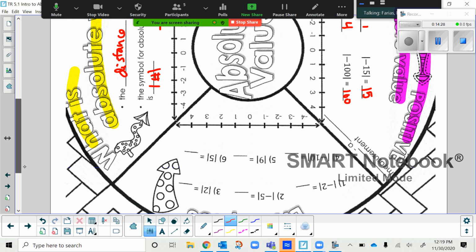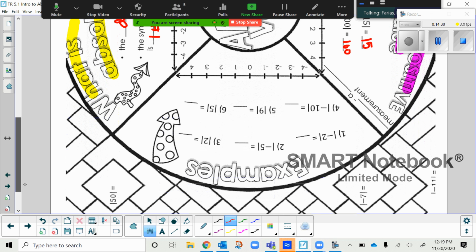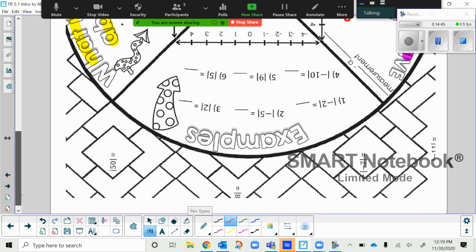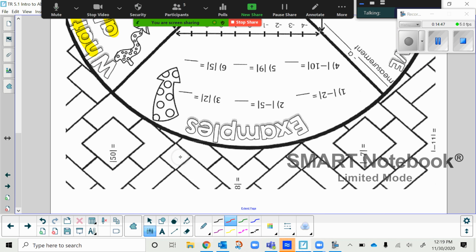And then on this very last section, the examples, of course, you can rotate your paper. I'm going to do it upside down. You fill in yours real fast and then we'll talk about it. So we're on this example section.